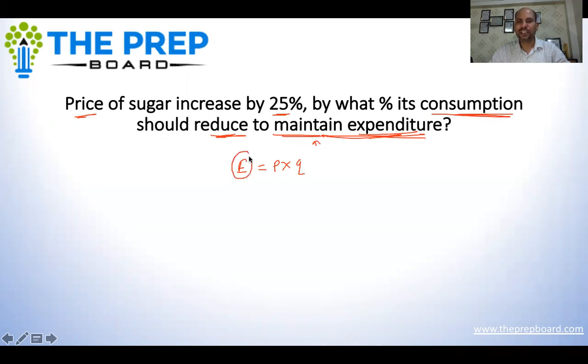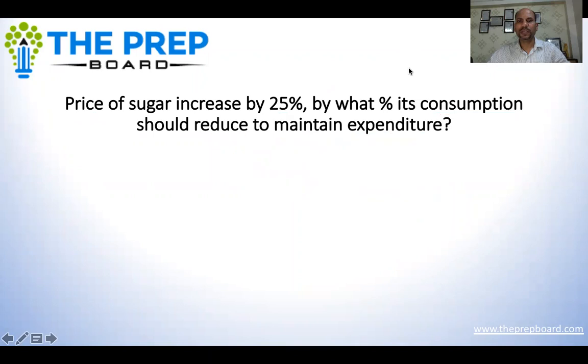It means expenditure is constant. Change in price is given as 25%, which is an increase. So we'll use here 25 plus, multiplied by 100. So this is the change in Q, which is 20%. I hope that it is clear to you.